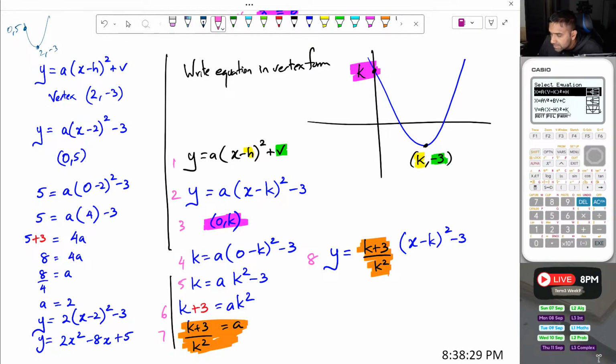Remember that it's actually k squared, because when you take -k and you square it, you're going to end up getting k squared.